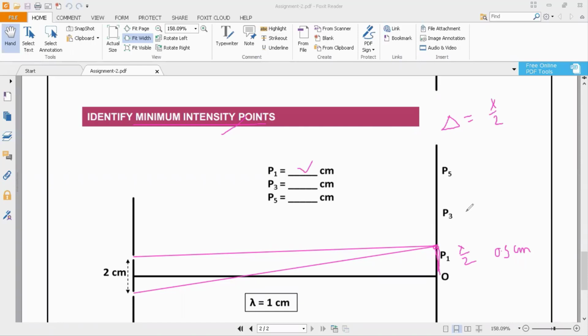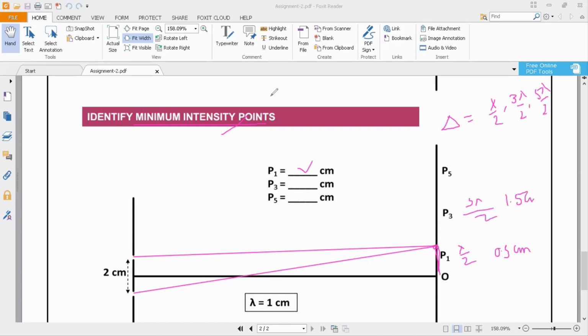Similarly, the next one is P3. The next condition is, for n equal to 1, 3 lambda by 2. The next is 5 lambda by 2. So P3 is 3 lambda by 2, that means 1.5 centimeters.